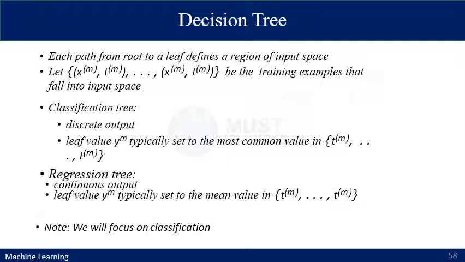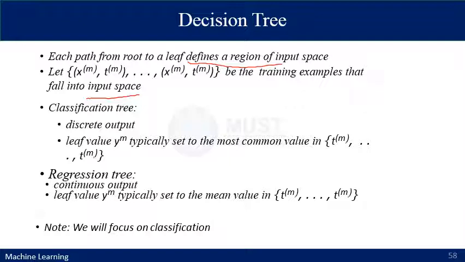The leaf values, output labels Y, are typically set to the most common value in that specific region, the part from the root node to the leaf node.